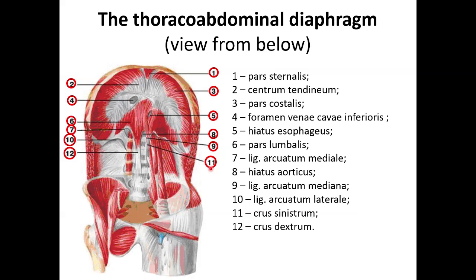The shape of the hands, the shape of our face from the right side and left side, and also now we can see that crus dextrum and crus sinistrum are similar, but nevertheless they have different shape, and one of them is larger than another. It's a common anatomical rule.